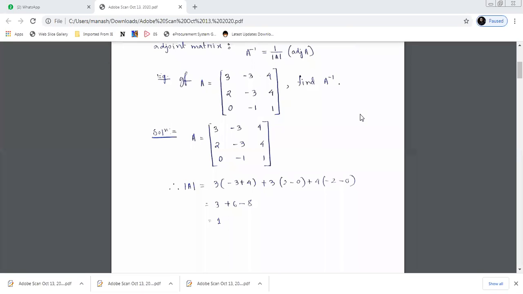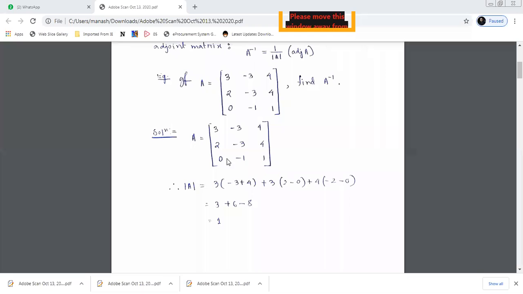Now see, at first you have to find A inverse. To find A inverse, at first you have to find the determinant of A. I think all of you know how to find the determinant of a matrix. If you expand along the first row, then 3 into minus 3 minus minus 4, so minus minus becomes plus 4. Again, this is minus of minus 3, so it is plus 2 into 1.